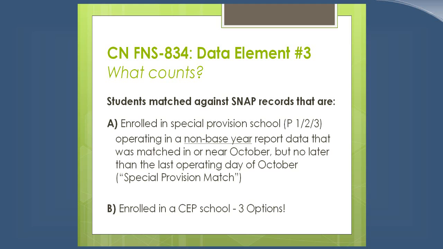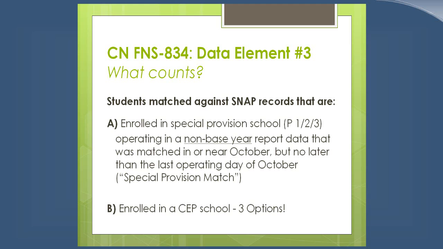And here's what counts for data element 3. Students matched against SNAP records that are A, enrolled in a special provision school operating in a non-base year. The SFAs would count those students matched against SNAP records in or near October, but no later than the last operating day of October. This is known as a special provision match.